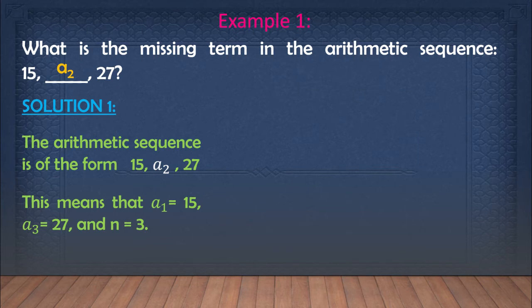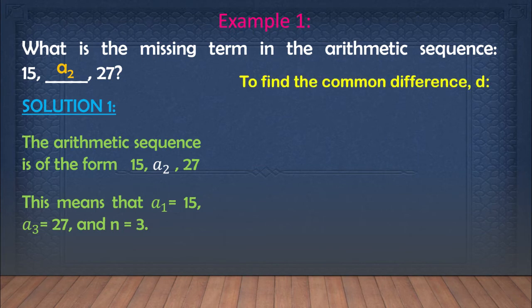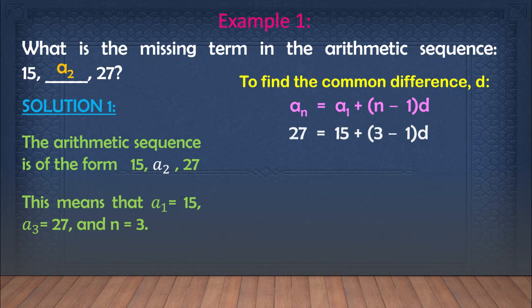And n is equal to 3 because there are 3 terms in this sequence. Now, how do we find the common difference, or d? We use the formula for arithmetic sequence, and then substitute the given. Our a sub n here is also our a sub 3, which is 27. a sub 1 is 15, and n here is 3. Now we're looking for d, so d is still d.